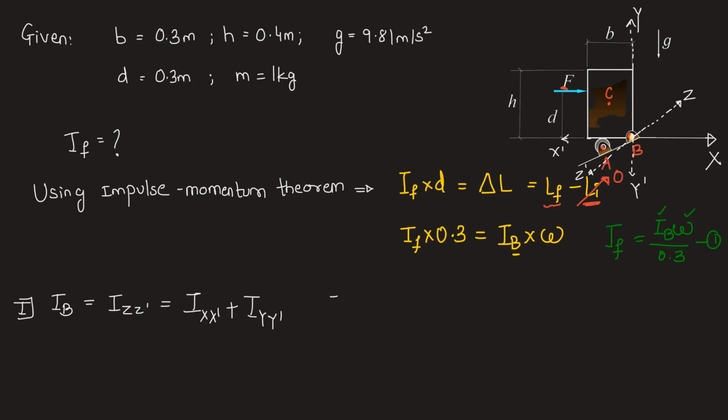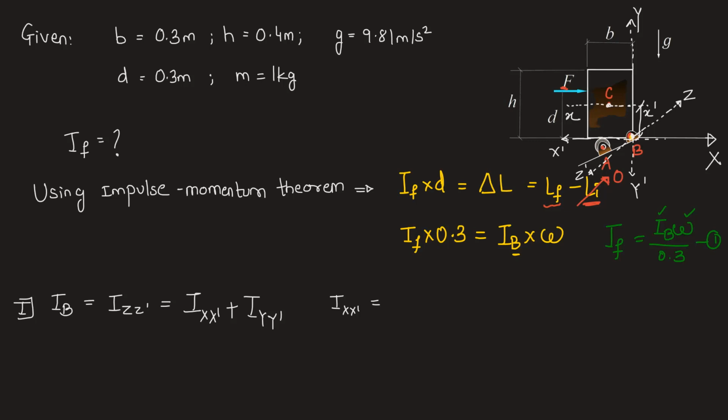IXX dash here is nothing but the moment of inertia of this block about its base. How can we calculate that? So we need to know moment of inertia of the block about its own horizontal axis that is passing through its center of mass. So let this be small x, x dash. We need to know this value and then we can use the parallel axis theorem to find out the moment of inertia about the base.